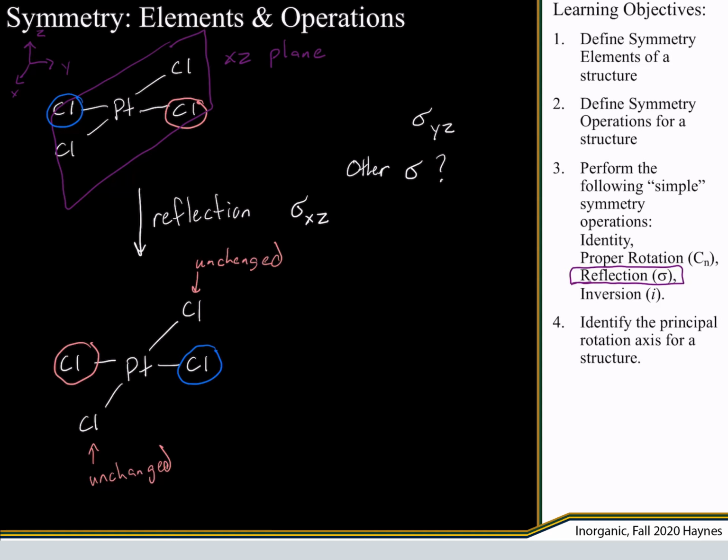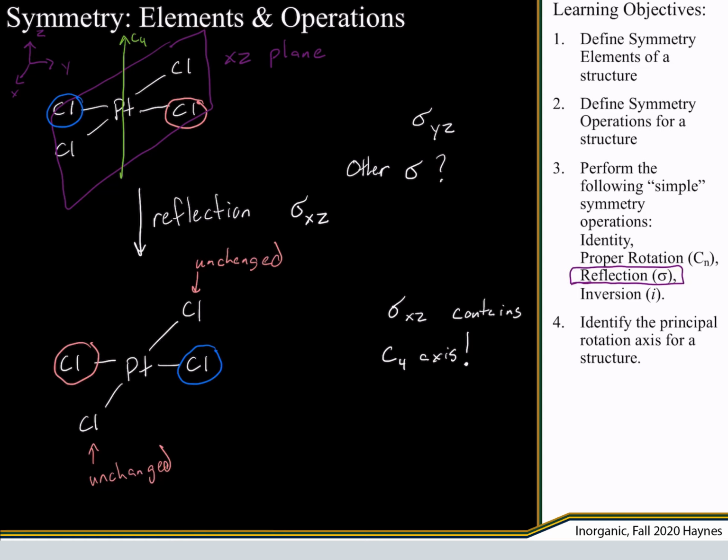What you'll notice is that if I go back and draw in my principal rotation, this along my Z axis, was my C4, we can see that this particular reflection, sigma xz, contains my C4 axis.